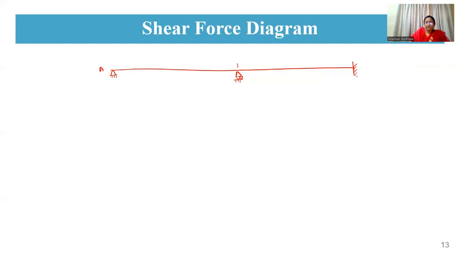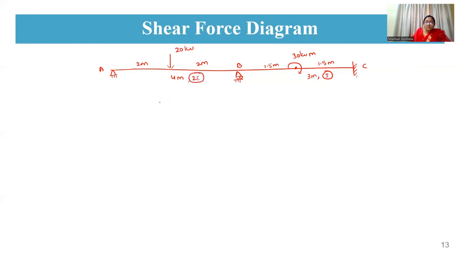So this is A, B and C. And this is a loading of 20 kilonewton, and this is 2 meters, 2 meters, which is of 4 meters. And again, it is a 30 kilonewton meter, and which is of 1.5 meter and 1.5 meter. So which is of 3 meters. Moment of inertia is I, moment of inertia is 2I.